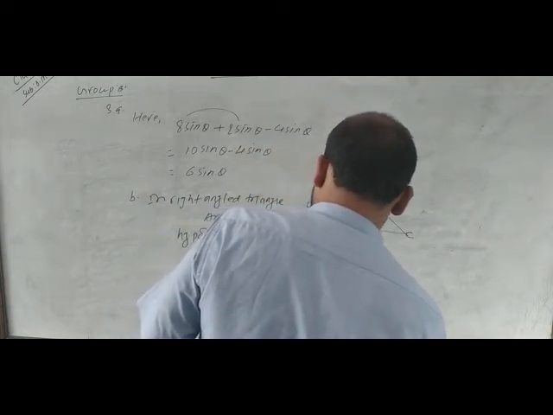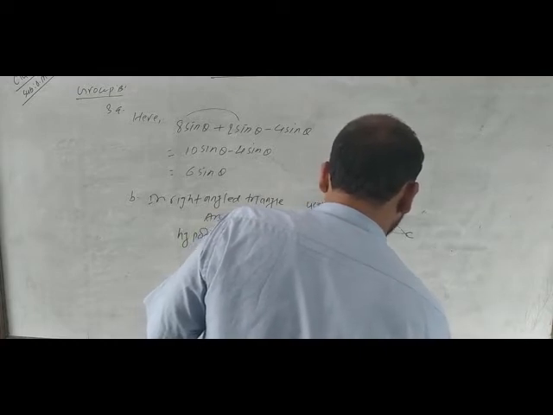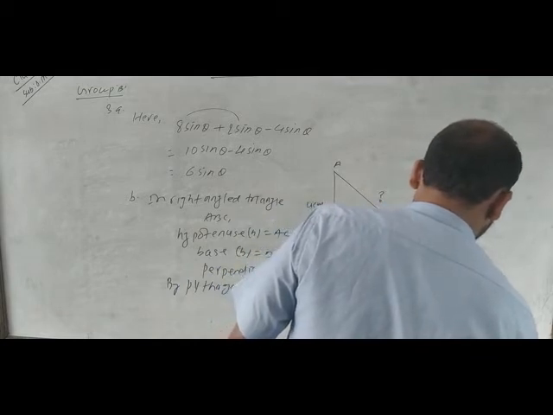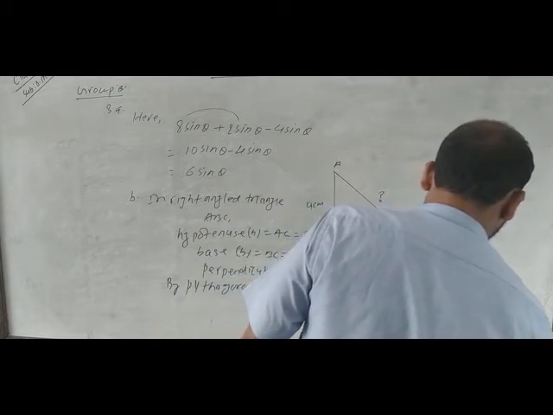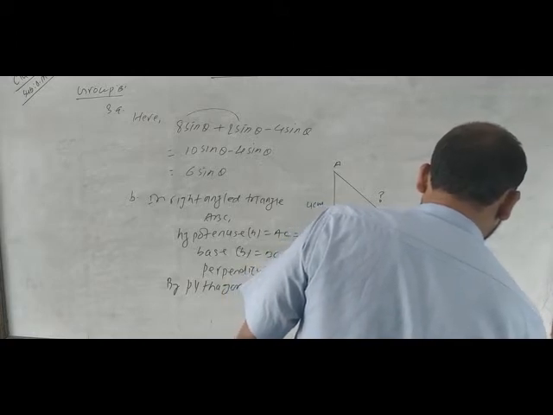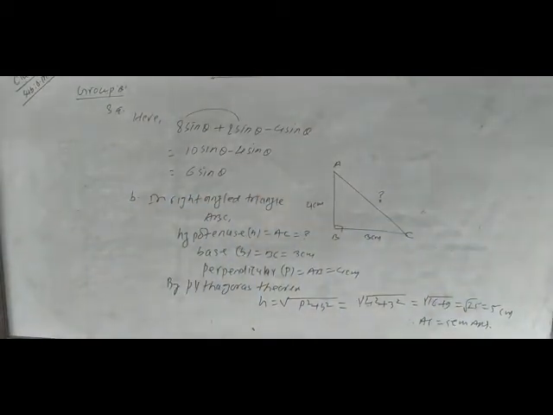So p square means 4 square, yes, plus 3 square. We have 16 plus 9, its root is 25 units, which is equal to 5 cm. Therefore AC is equal to 5 cm, which is the required answer. My dear students, you write down, otherwise you match with me the answer of the previous unit test.